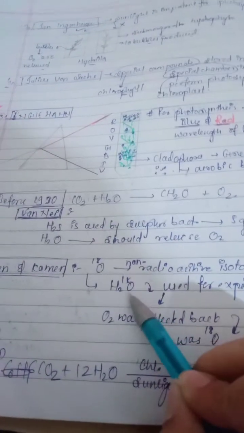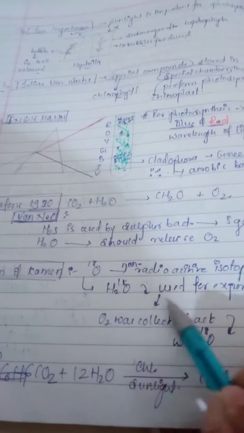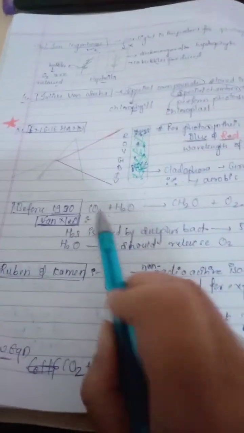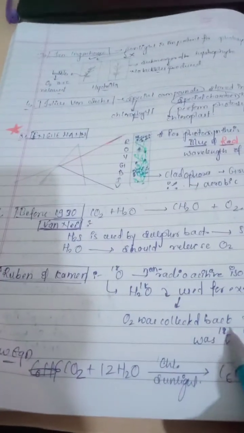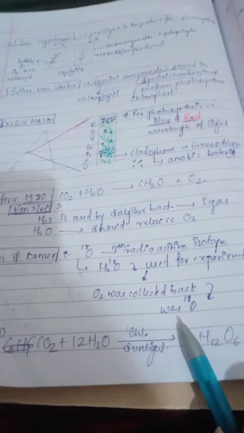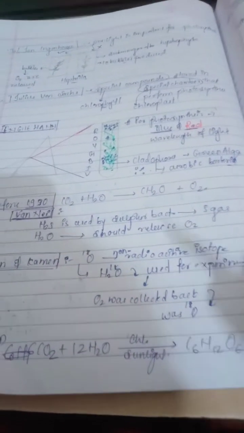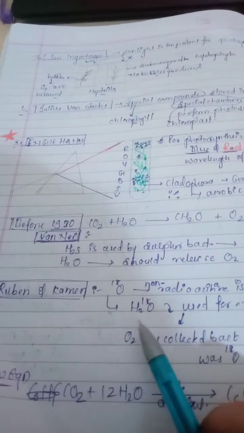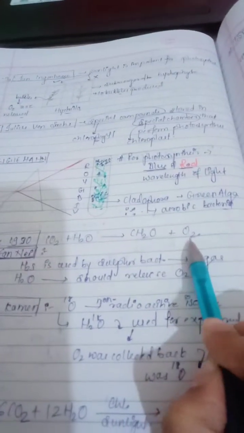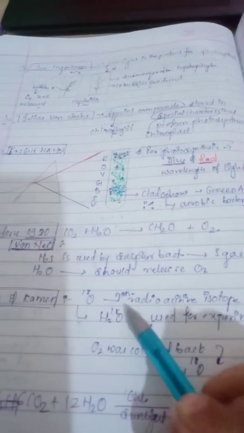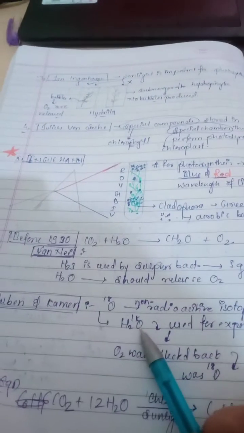So this is H2O in which the oxygen is O18. After the complete process, the oxygen which was released was collected back, and it was concluded that it was O18. This proves that the oxygen released in the end comes from water.